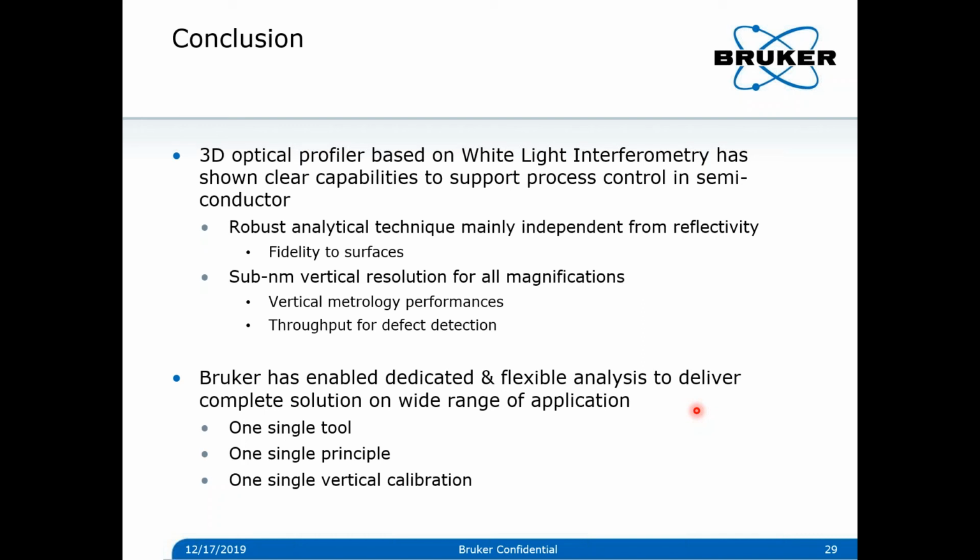It makes everything easier to control on the SPC level, because there is only one vertical calibration to check, only one principle of operation, such that you can assess the equipment in a quicker way while answering a wide range of applications coming from roughness till CD measurements like automatic optical inspections.